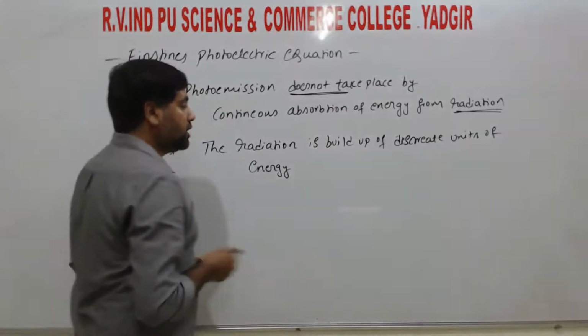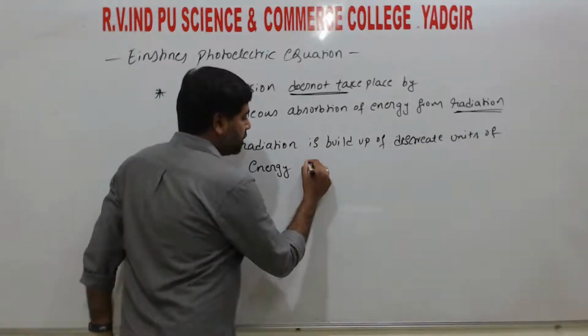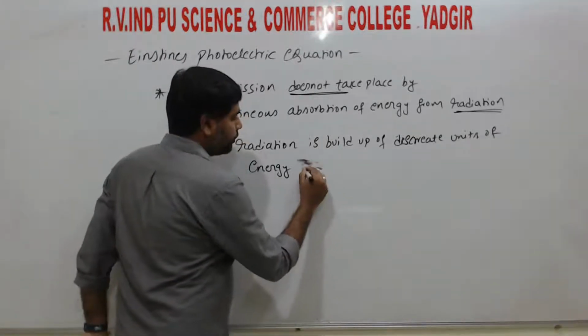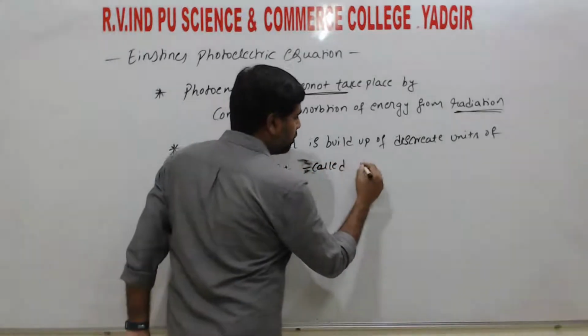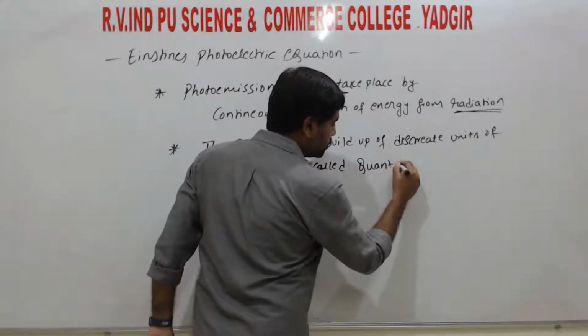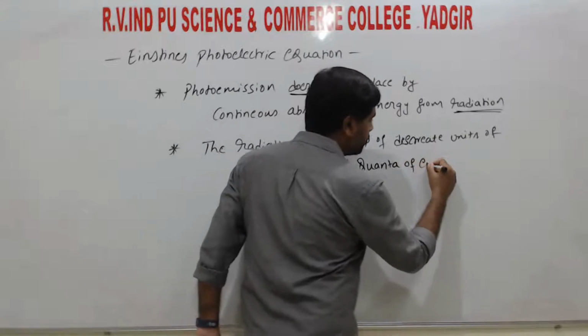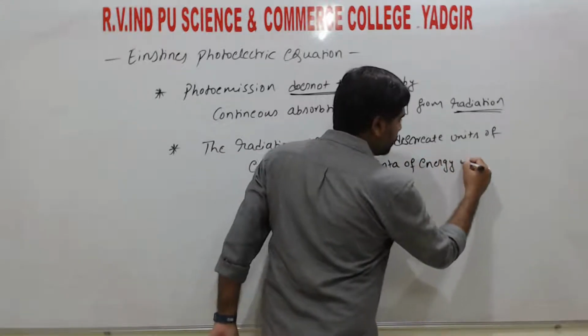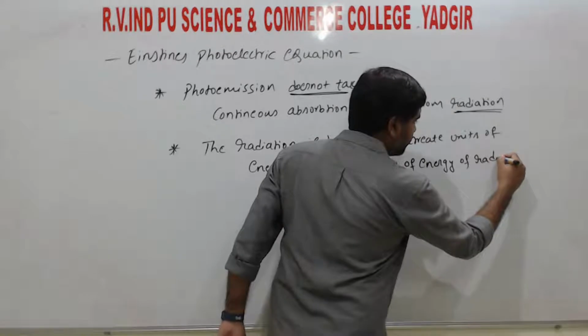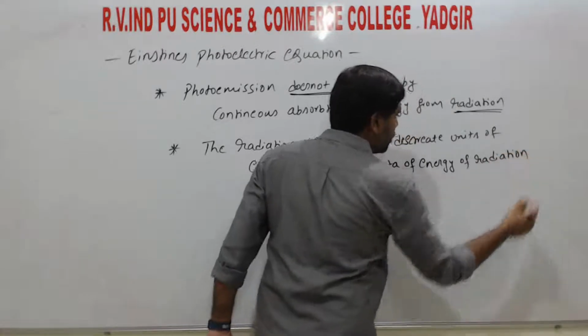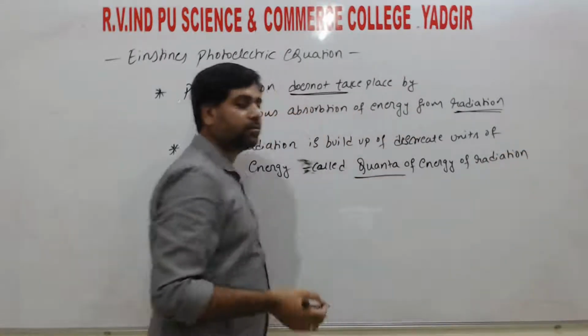According to Einstein, the radiation is built up of discrete units of energy, and he called this discrete unit of energy the quanta of energy of radiation, or simply quanta, right?